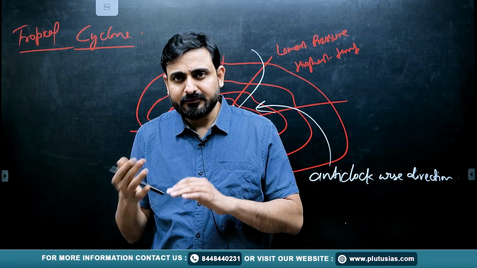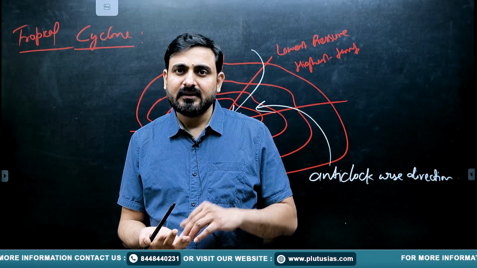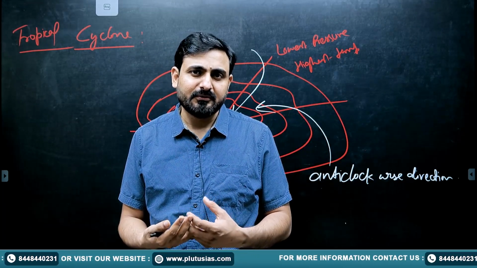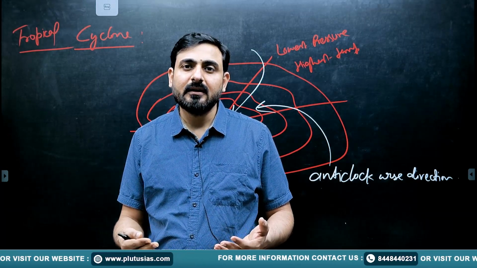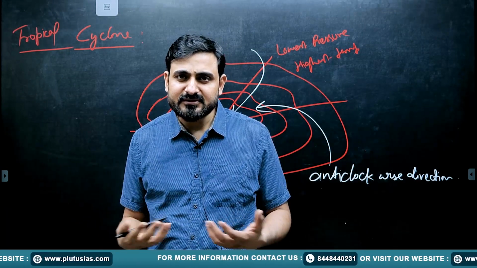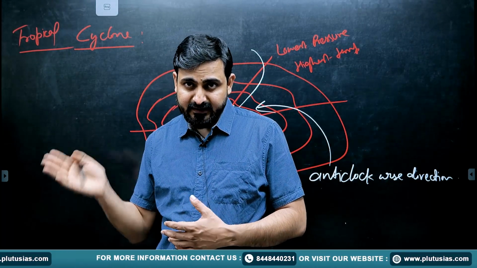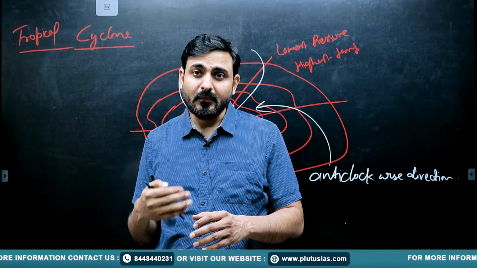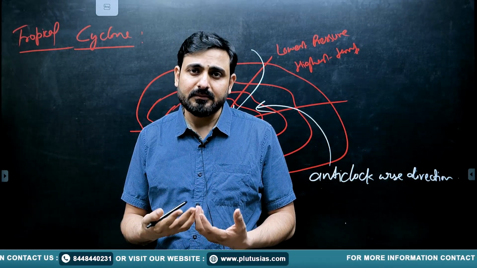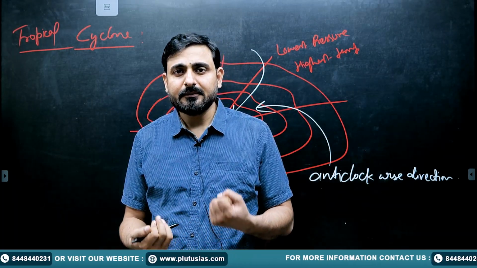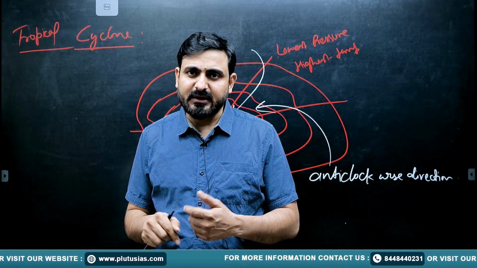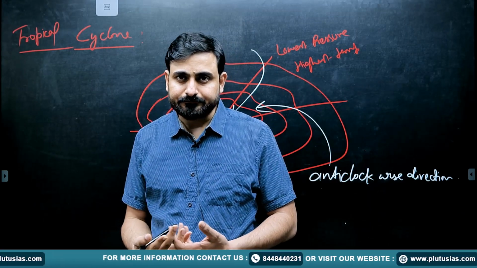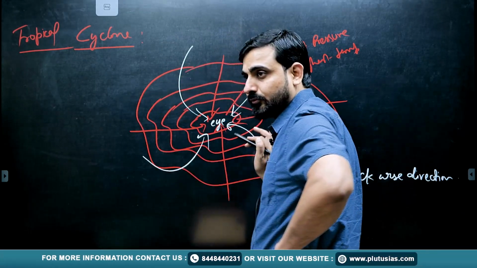When water vapor condenses, it releases latent heat in the upper atmosphere, which further intensifies the convection current. So in such a way, the air rising from the ground continuously has a feeding mechanism. You can say this system becomes self-sustaining in its own way.